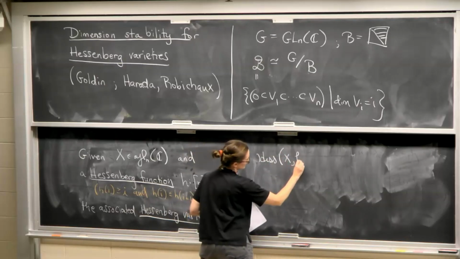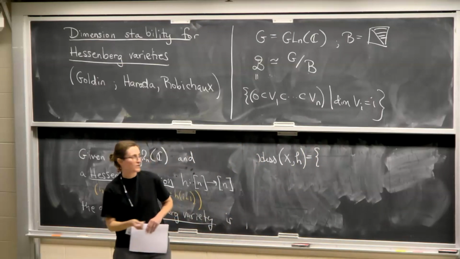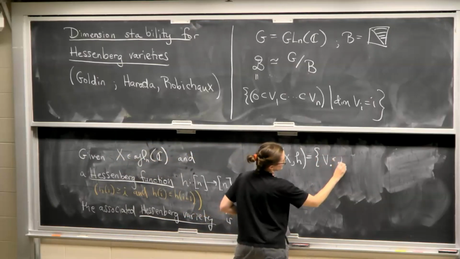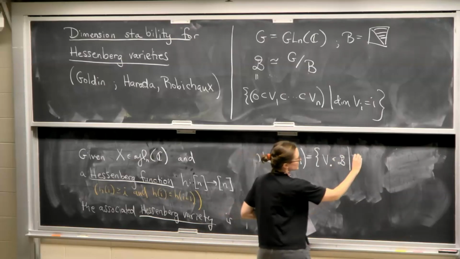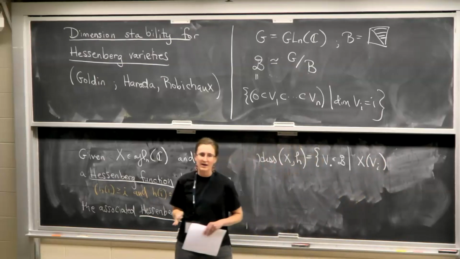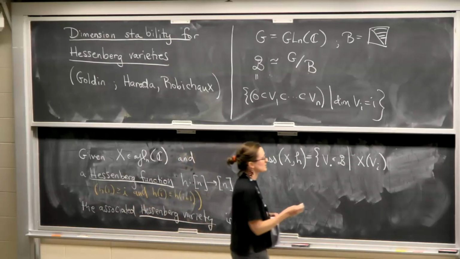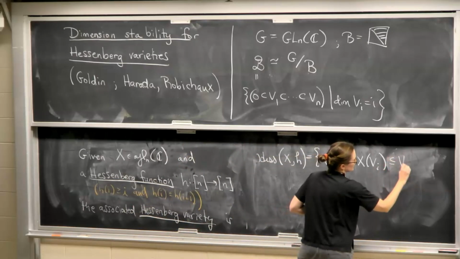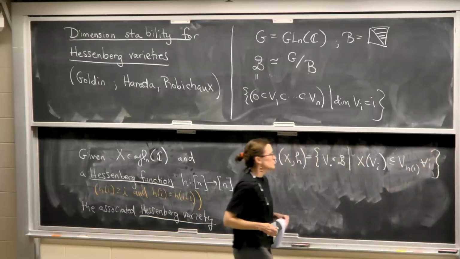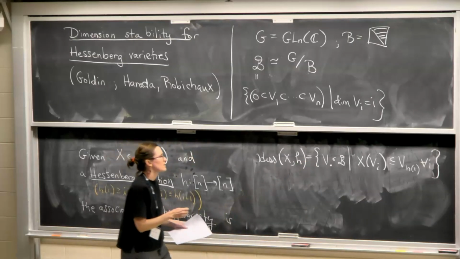Let me start with the flag definition. I will take all flags in my flag variety with the property that when I act on the ith subspace in my full flag, I get mapped into the h(i)th subspace, for all i. So that's the flag definition way to define this Hessenberg variety.